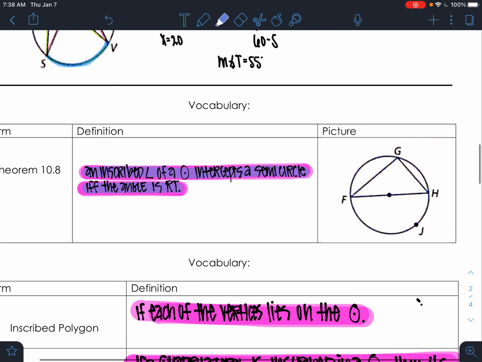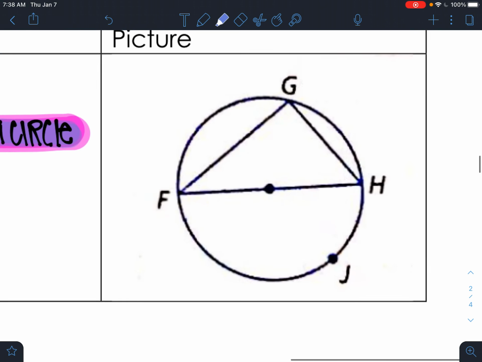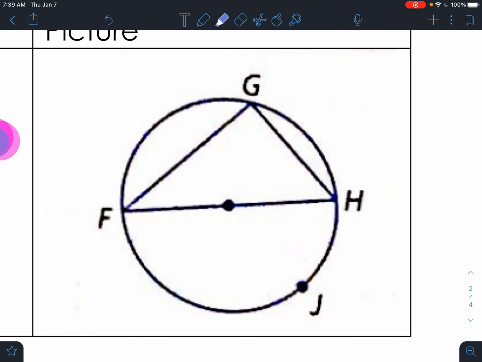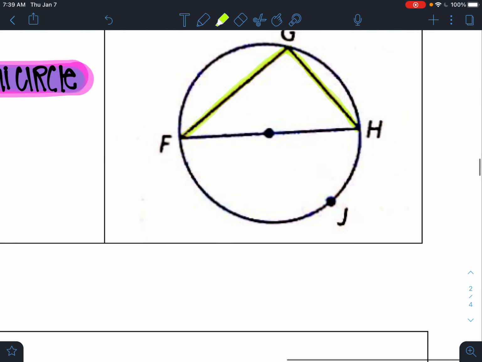So if I come over to this picture that I already have for you, what I want you to look at, and this should conceptually make sense to us, we shouldn't actually really need a theorem for this, is this angle FGH.